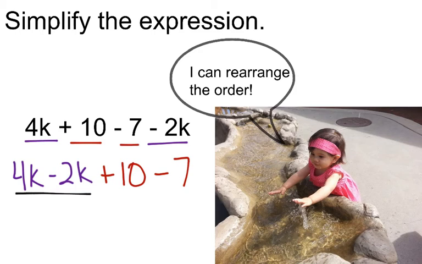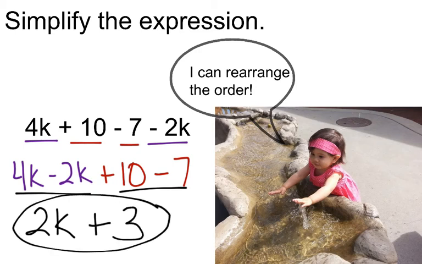I can combine my like terms. 4k's minus 2k's are 2k's. 10 minus 7 is 3. So my simplification is 2k plus 3. Again, I cannot combine my boxes and my individual cookies. I can't combine my numbers with coefficients and my constant terms.